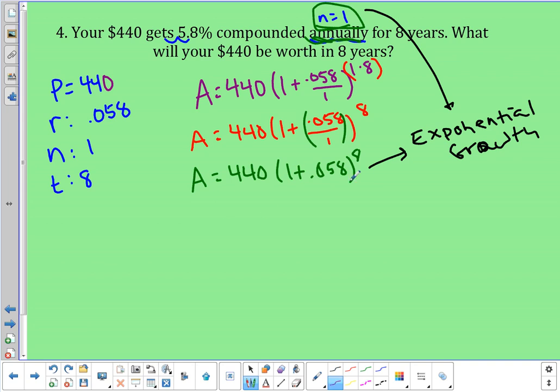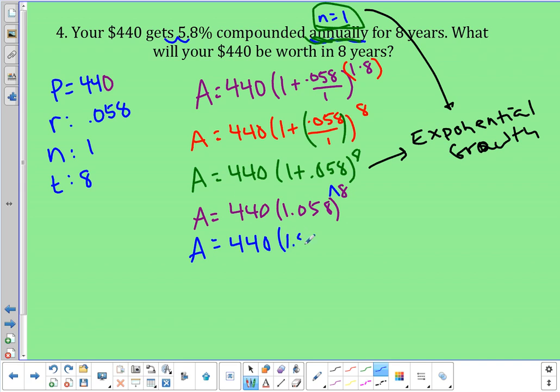So if I finish this off, I need to add those two together. 1 plus 0.058 is 1.058, raise it to the 8th power. Caret key, powers come next, multiply by the 440 last, very last thing. Once I raised it to the 8th power, I'll just write out the start of the decimal: 1.5682 and so on.